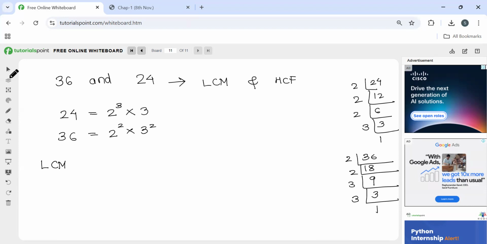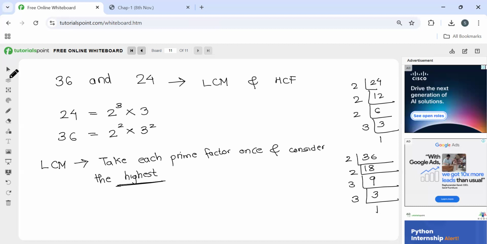In order to find the LCM, you will take each prime factor only once, and consider the highest power of each prime factor.